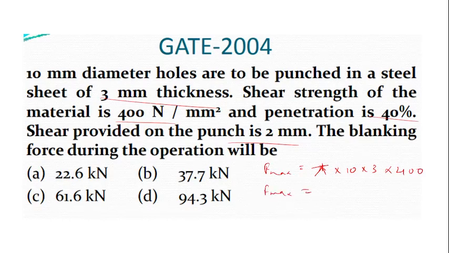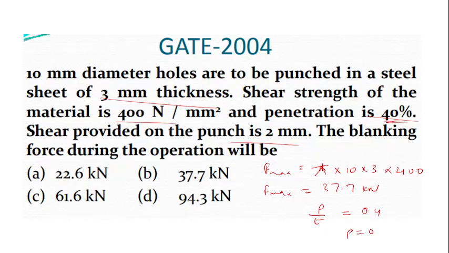calculate and tell me. 37.7. 37, right? Yes, ma'am. 37.7 kilonewton. Then your p by t is given as 0.4. 40% is given. So p by t is given as 0.4.